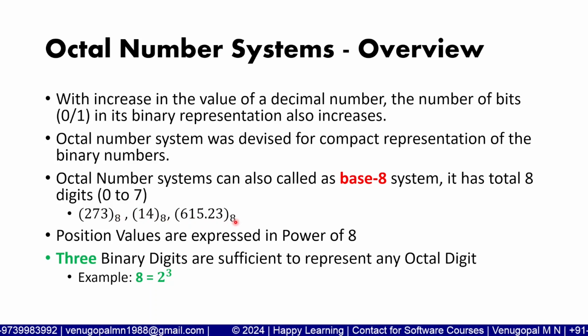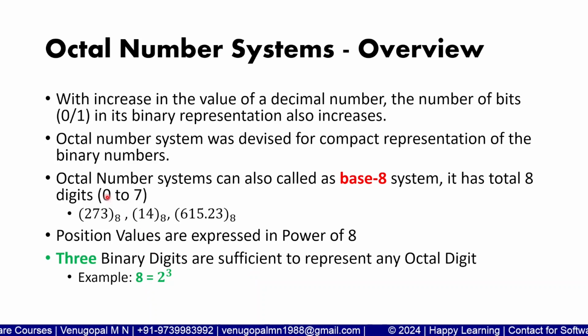Clear? So the next point: position values are expressed in powers of 8. In the binary number system we were using powers of 2 because 2 was the base. In the octal number system, the base is 8. 3 binary digits are sufficient to represent any octal digit.